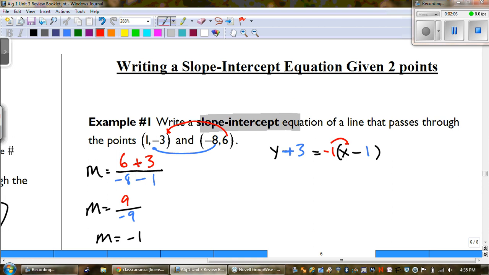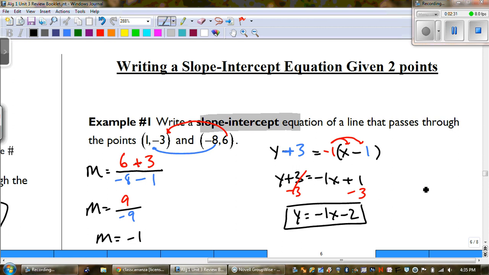So we need to distribute, and we get y plus 3 equals -1x plus 1. -1 times -1 is a +1. So we have to subtract 3 to both sides, and then we get y equals -1x minus 2. And there you go. That's our equation.